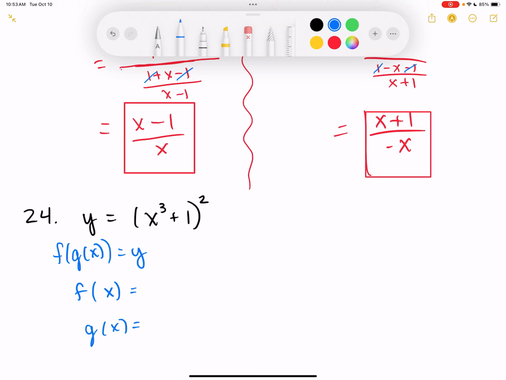So I would always do your inner function first, and then go to the outer one. The one that would come to my mind is that the inner function is anything that's in parentheses, and anything outside the parentheses is my outer function, f of x. So that would make my inner function g of x, x cubed plus 1.